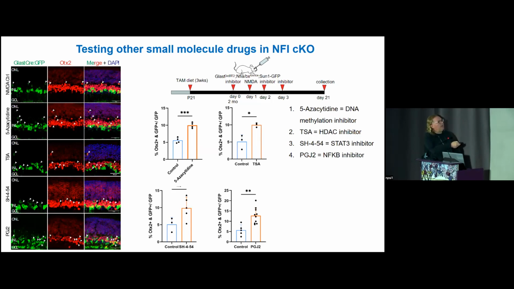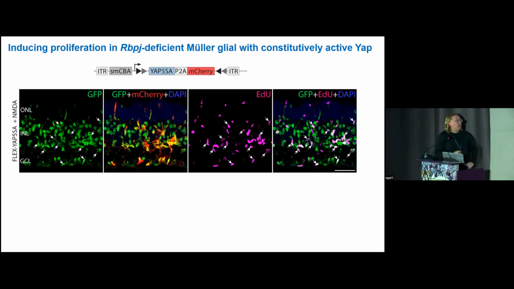We've treated with small molecules that are predicted to increase DNA chromatin accessibility, so 5-azacytidine, which is a DNA methylation inhibitor, or trichostatin A, which is an HDAC inhibitor, or drugs that reduce inflammation, so STAT3 and NF-kappaB inhibitors. All of these roughly double the observed rates of neurogenesis. We're now working on combining these into polydrug cocktails.